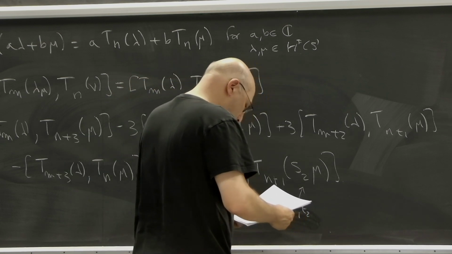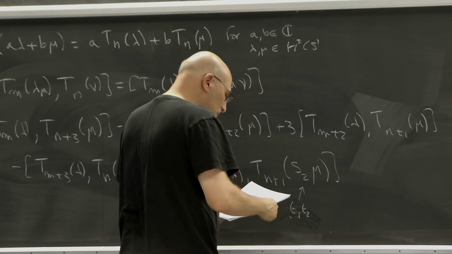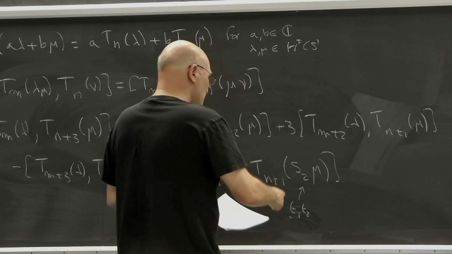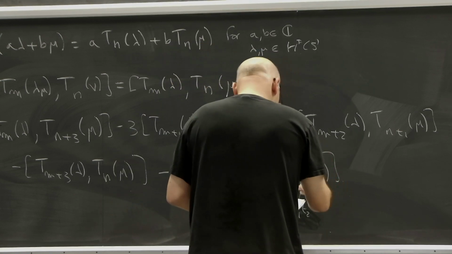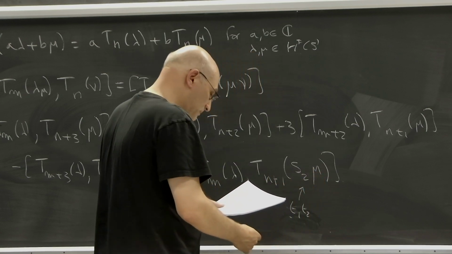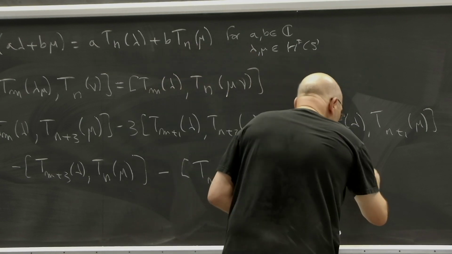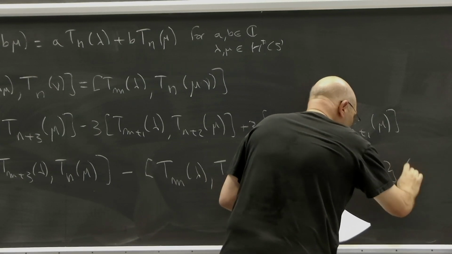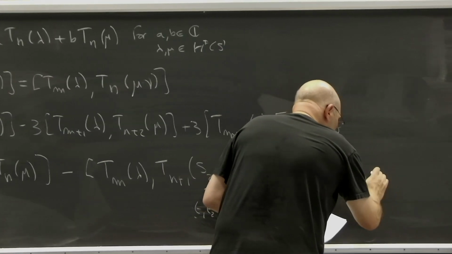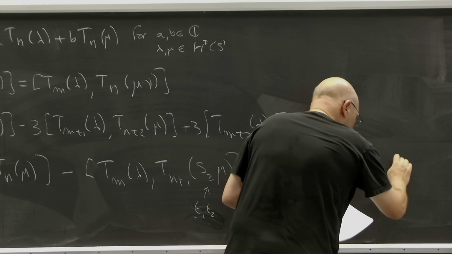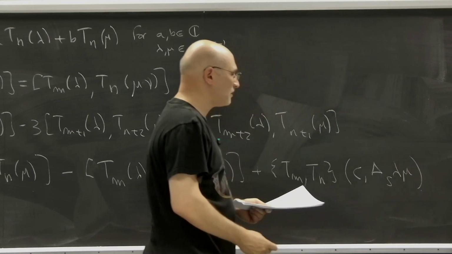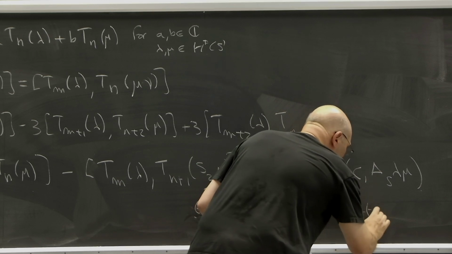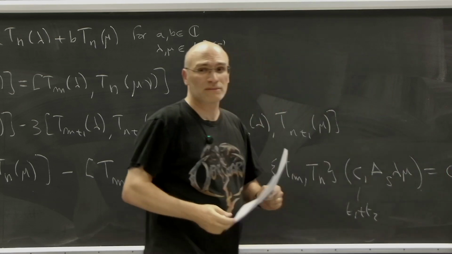I didn't write it here. Yeah, I think it's T1, T2. Anyway, if not, it's another class of degree 4. Then plus the anti-commutator of T_m T_n, and I apply this to c1 delta lambda mu. And c1 is T1 plus T2. And finally, this is equal to 0.